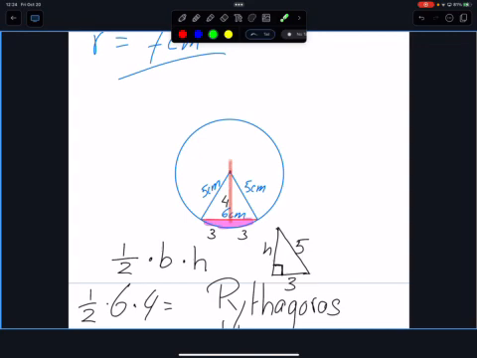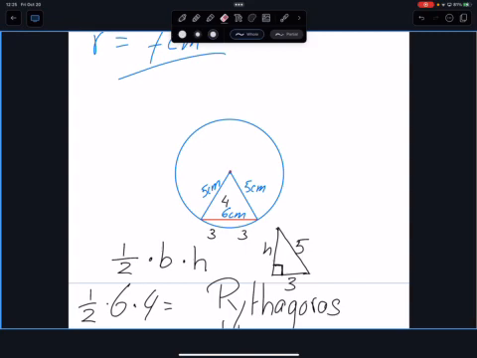A machine produces circular discs. The machine malfunctions and creates the disc below. If you notice correctly, let me remove this and that. The place where I have a red line, that is where the disc has been cut off.